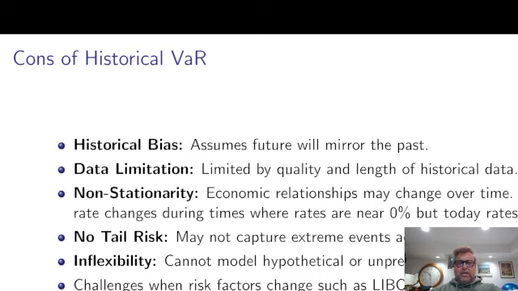When you ran historical VaR, it basically took all these zero rate changes into account, and this is not really applicable nowadays. Often you have limited data, so for historical market data, you need all this data that goes into the pricing models as a time series, and it's non-stationary. So the economic relationship may change over time.